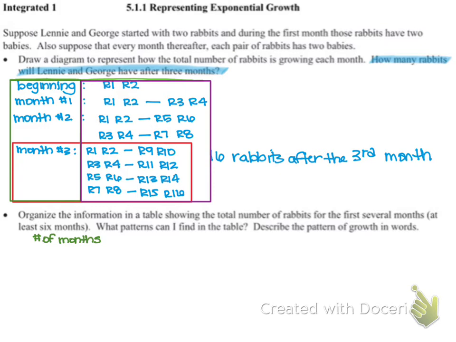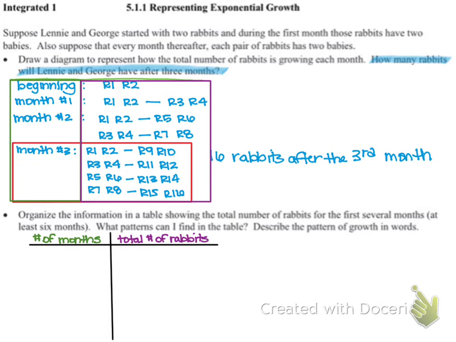So this is the total number of rabbits. And I think I can just grab the information from the work I've already done. Maybe we can find a pattern here. Let's see if we can sort it out.